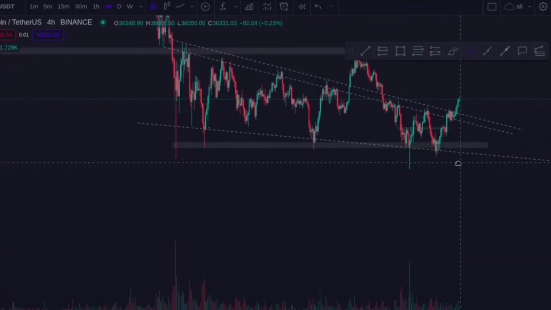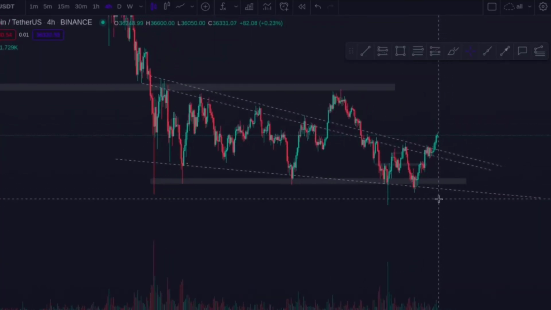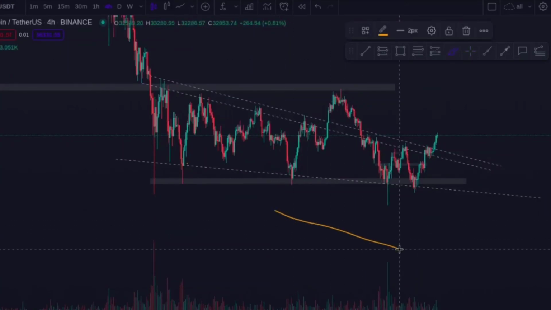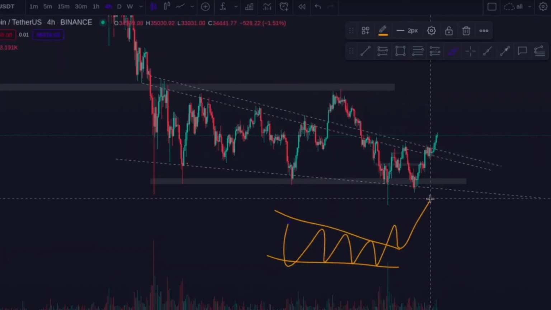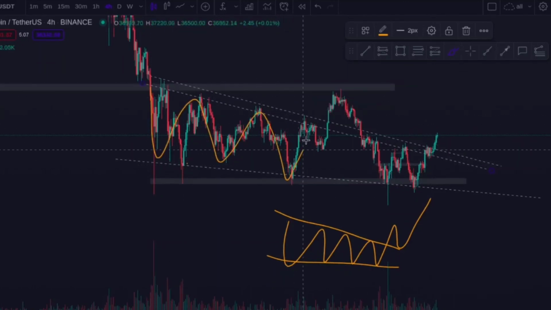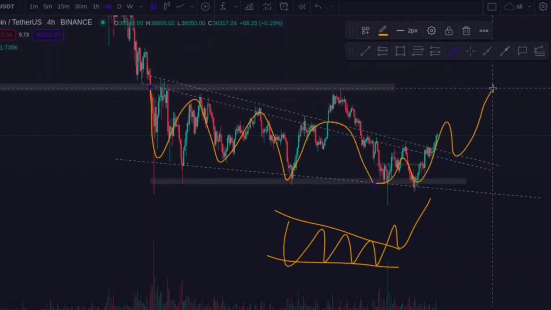Generally, when there is a falling wedge like this, price comes into this range and consolidates, and then we finally break out, retest, and then we move up. If we consider this to be a falling wedge, and this is the breakout, we might retest and then go up.